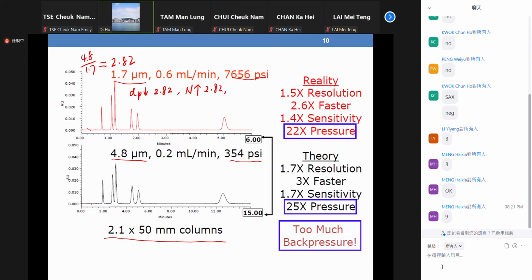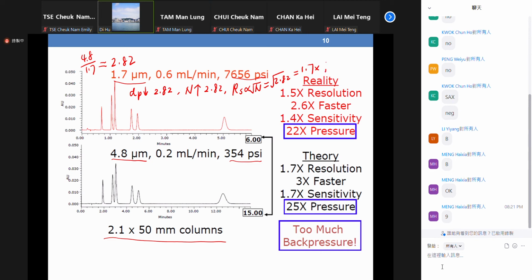And then what happens? What is the resolution? Resolution is proportional to the square root of N, so 2.82 will be 1.7 times larger, increased by 1.7 times.